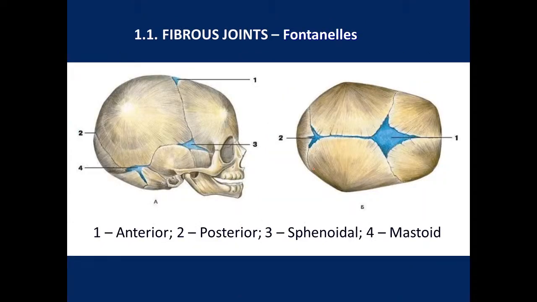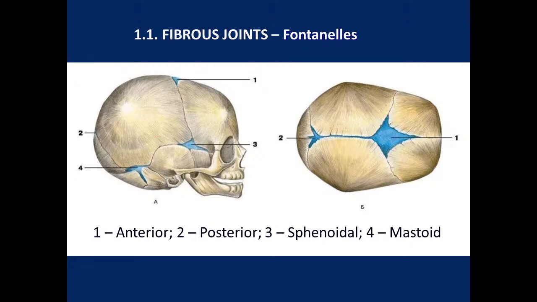Next group of the fibrous joints we call fontanelles. Fontanelles look like membranes. They exist between the bones of the newborn skull and turn into sutures after 2 years. There are 6 fontanelles on the skull, 2 paired and 2 unpaired.